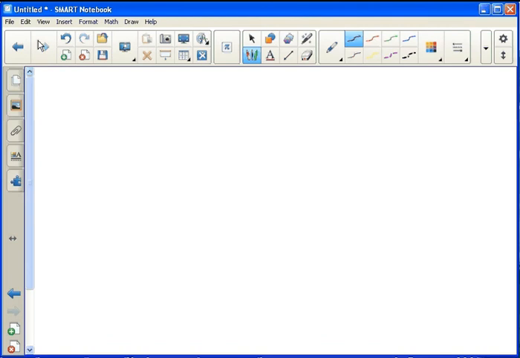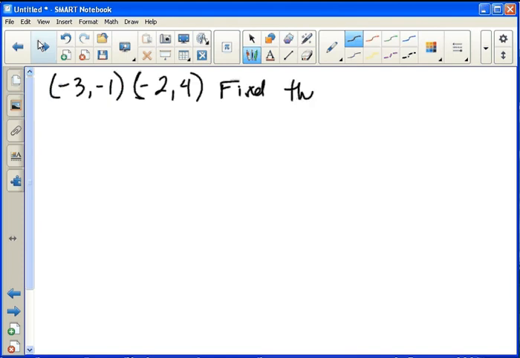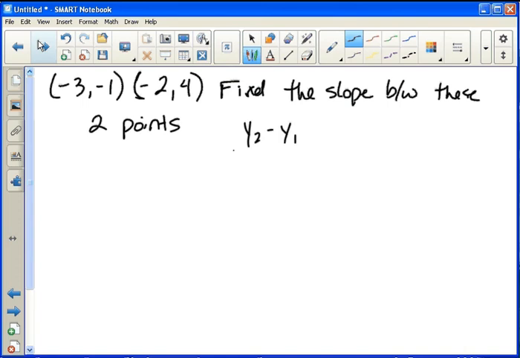Now next, we're going to talk about how to find the slope of a line given two points. So for example, let's say we wanted to find the slope between (-3, -1) and (-2, 4). Like I said, hopefully this is a review for you, but you just use the slope formula: y2 minus y1 over x2 minus x1.